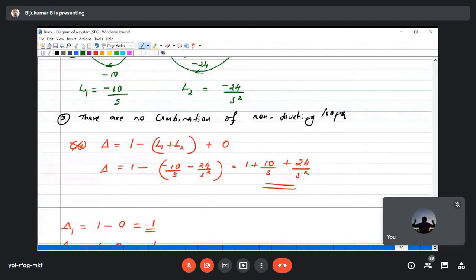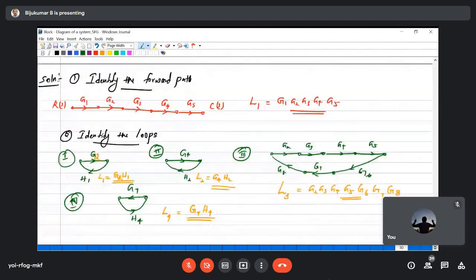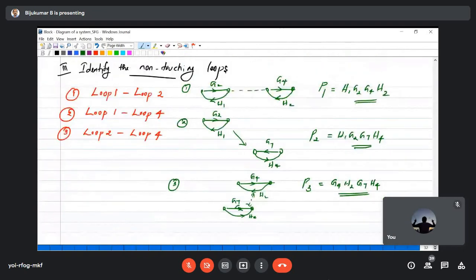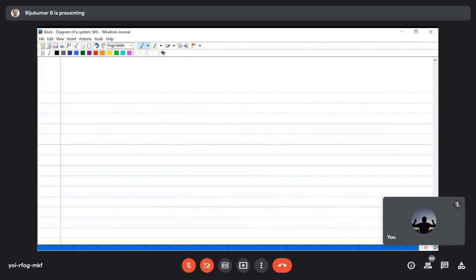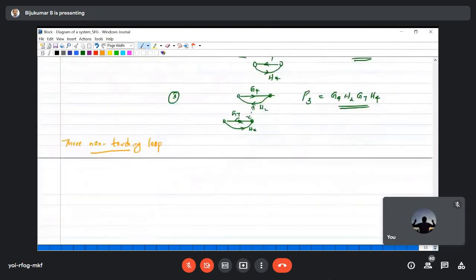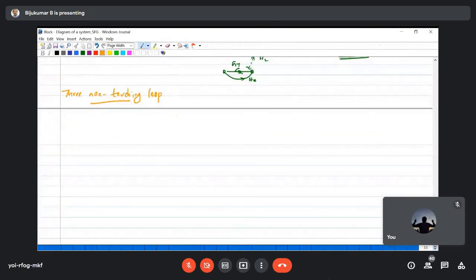So in this, compared to the previous one, here there is a three non-touching loop. That is, non-touching loop exist in this problem. It can be drawn like this.